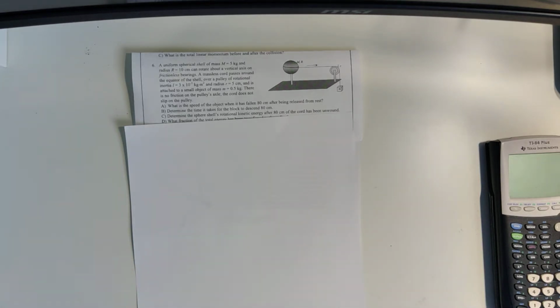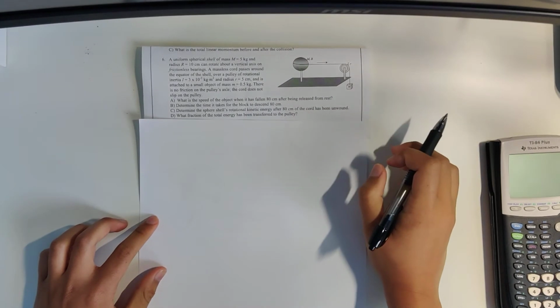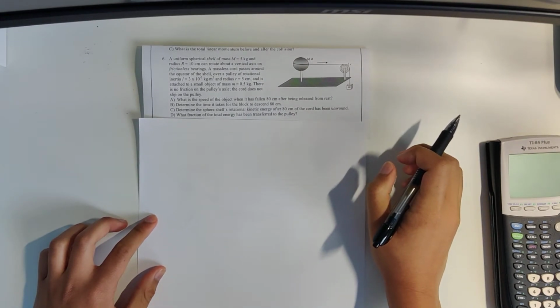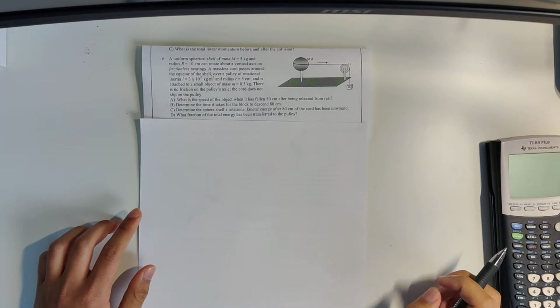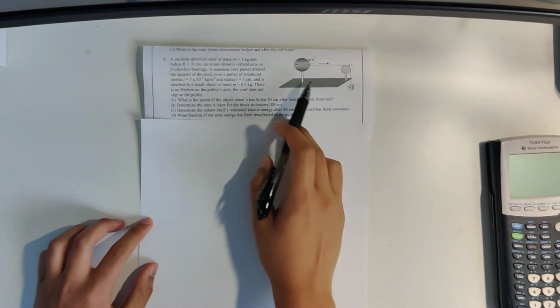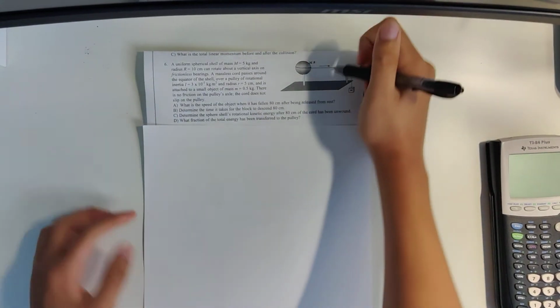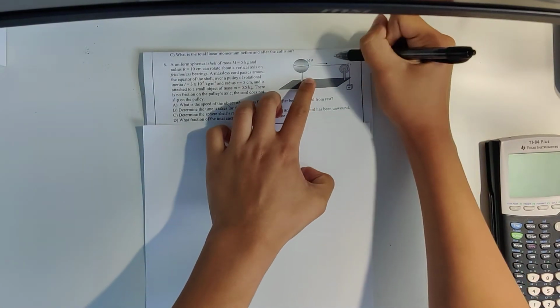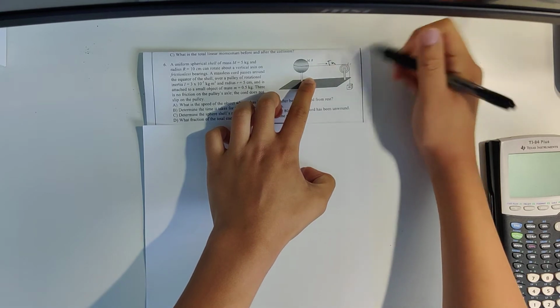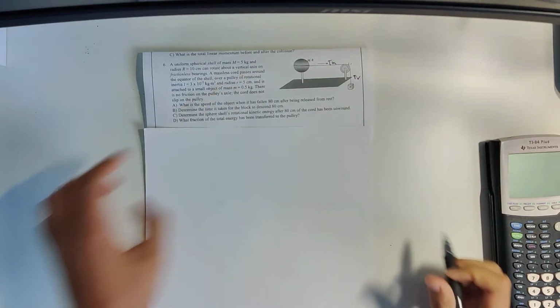Alright. So part A, what is the speed of the object when it has fallen 80 centimeters from being released from rest? So our first step, we're going to have to find acceleration. So let's set up torque in order to find that. Actually before that, we should probably find out what each of our tensions is. I'm going to call this tension TH for horizontal and this TV for vertical.